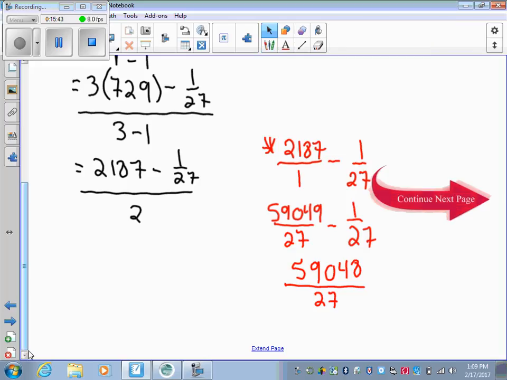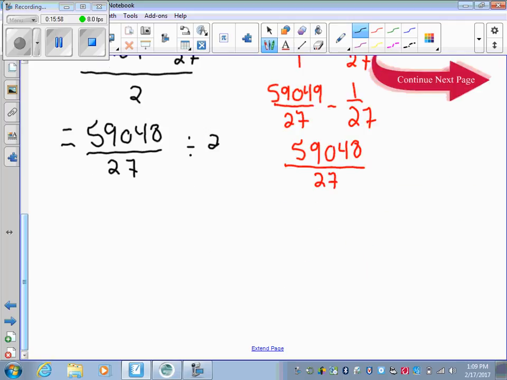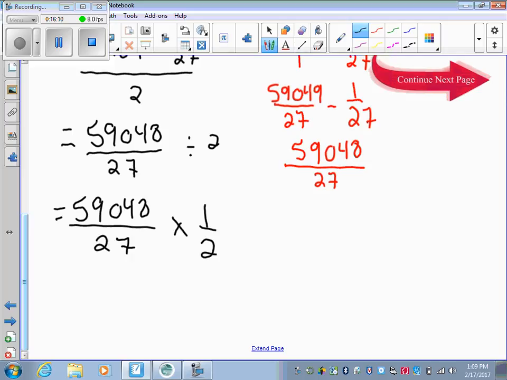Back over here, your numerator will now be 59,048 over 27 divided by 2. So again, when you're dealing with fractions, you cross multiply or flip and multiply. Okay?